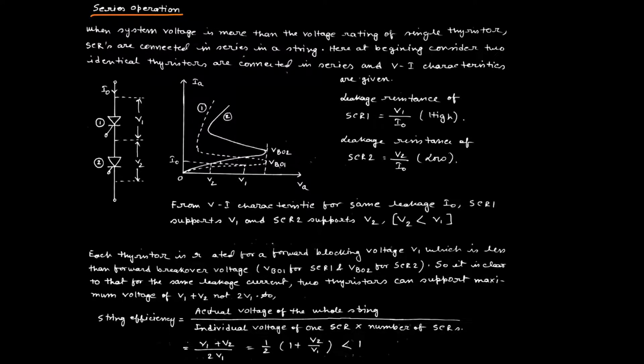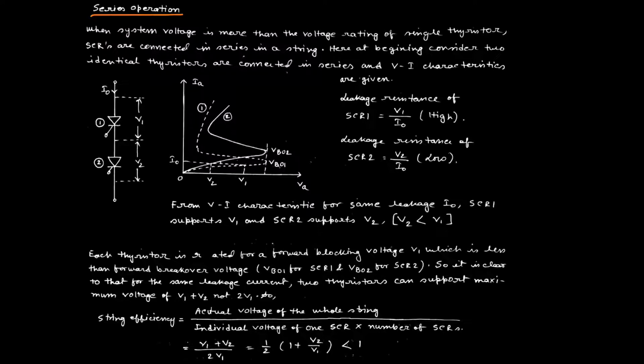When the system voltage is more than the voltage rating of a single SCR, then SCRs are to be connected in series in a string, where at the beginning, consider two identical SCRs connected in series, and we have shown here the VI characteristics of them. We consider SCR 1 and SCR 2 both connected in a series string, and the string current is suppose I0.